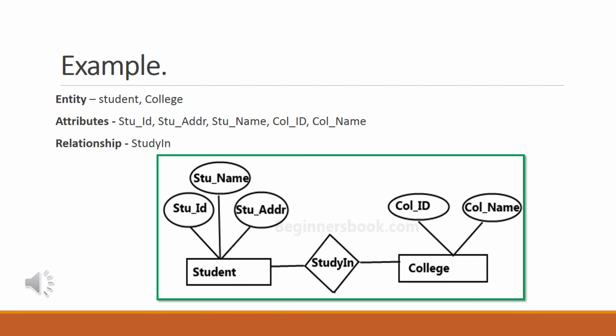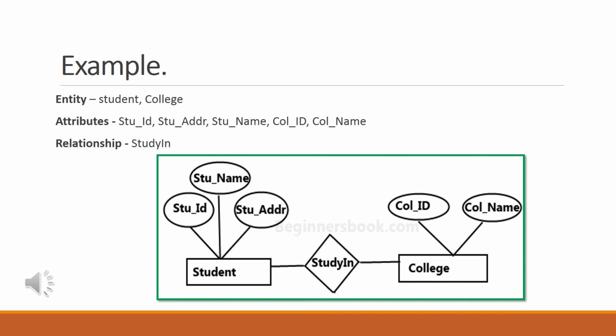These are the attributes that define a particular entity. Then we have a relationship which is represented as a diamond shape, and it is study in. It connects both the entities, student and college. And for the college entity, we have attributes like college ID and college name.